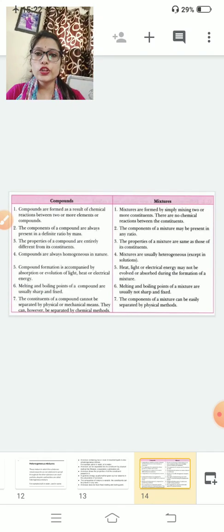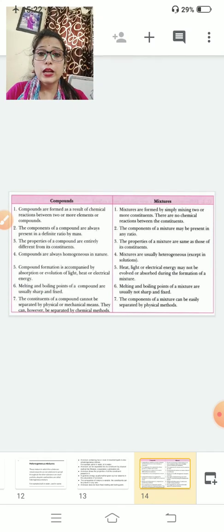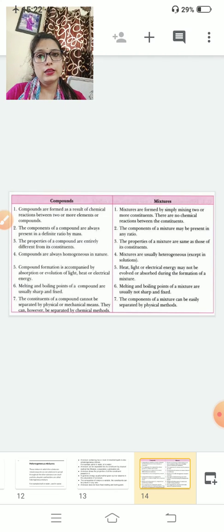Now differentiate between compounds and mixtures. Compounds are formed as a result of a chemical reaction between two or more elements or compounds. Mixtures are not chemically bonded; there is no reaction between the constituents. Compounds are present in a definite ratio; mixtures are not. Mixtures can be homogeneous or heterogeneous.